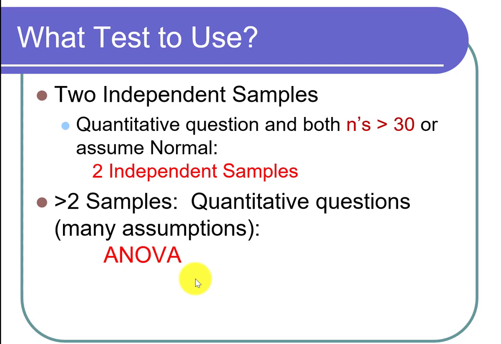Once you know which type, you just go through the steps, go to the calculator, find the test statistic and p-value, and state your conclusion, either with a confidence interval or with a hypothesis test. That's what most of statistics is all about.